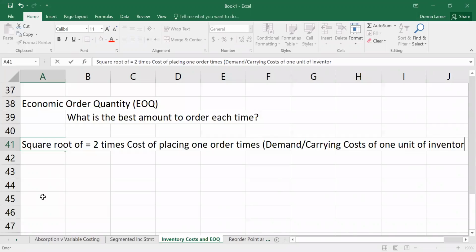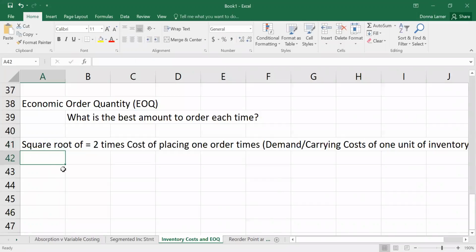Okay, in words that looks just terrible, but then in symbols it also looks terrible. So let's see if we can break this down. We're not going to worry about the square root part first.